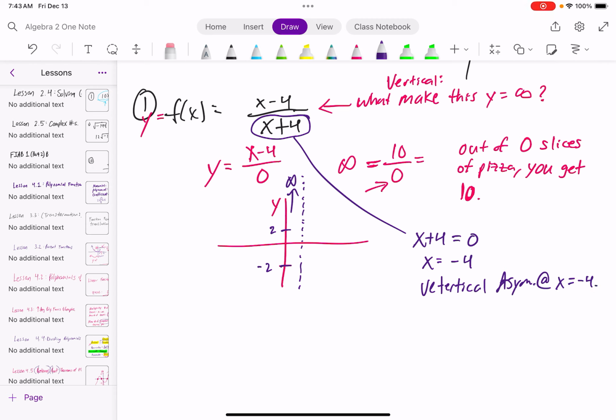So we would have a vertical asymptote here when x is negative 4. Okay. So your function would look something like this, x plus 4. Does this have a horizontal asymptote? It does. Okay, we'll get into that later.